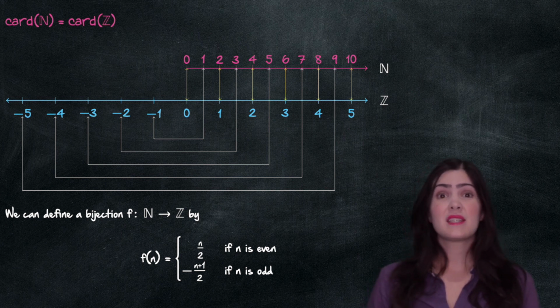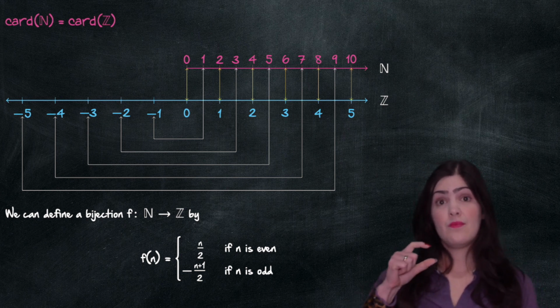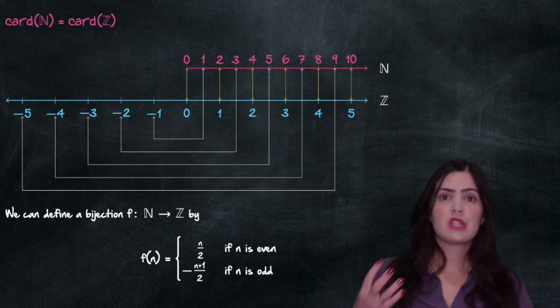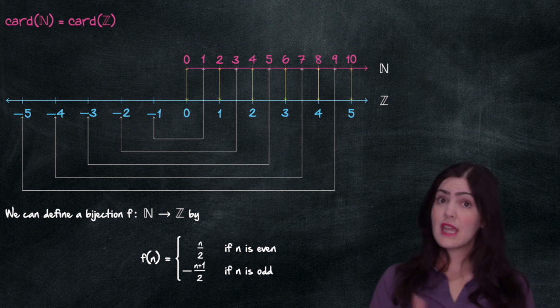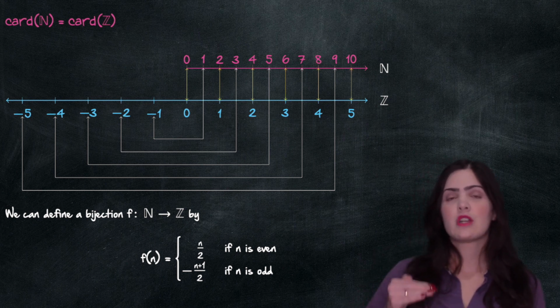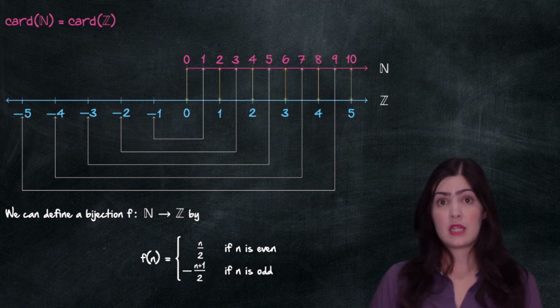And now I will leave for you as an exercise to verify, first of all, that this algebraic representation of the function agrees with the picture I just gave you, and also to check carefully that this function is indeed both injective and surjective.